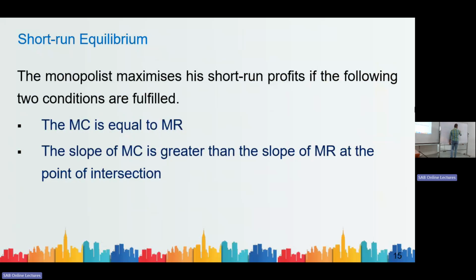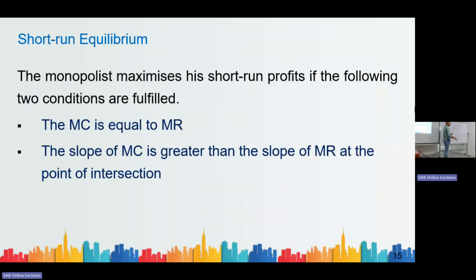Although we follow the same two conditions in monopoly, these two conditions apply to monopoly as well. But the shape of marginal revenue will be different. In perfect competition, it was a horizontal line. In monopoly, what is the shape of the marginal revenue curve? We just discussed it.